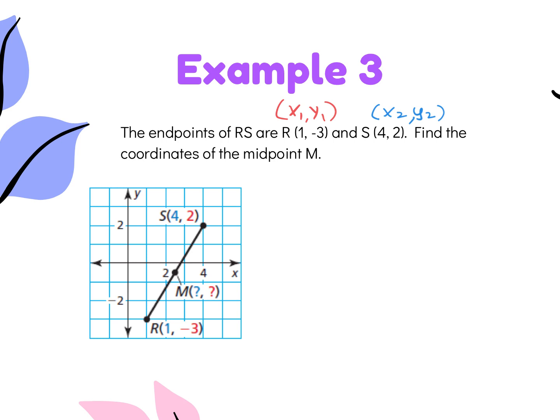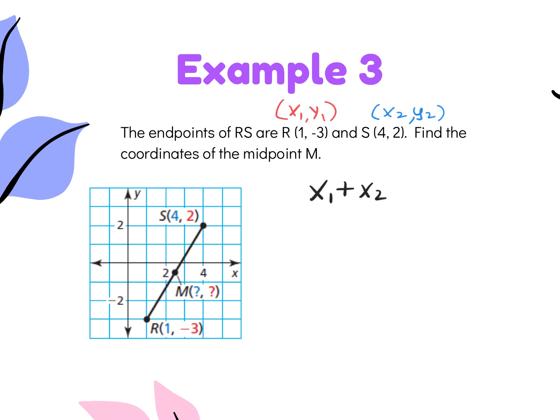So obviously, if I gave you this graph, you could figure out what that ordered pair is just by looking at the graph. But I will not give you the graph. You will have to use the formula. So again, just to review, and if it helps you to write it down multiple times, remember your midpoint formula. You're finding the average of the x's.